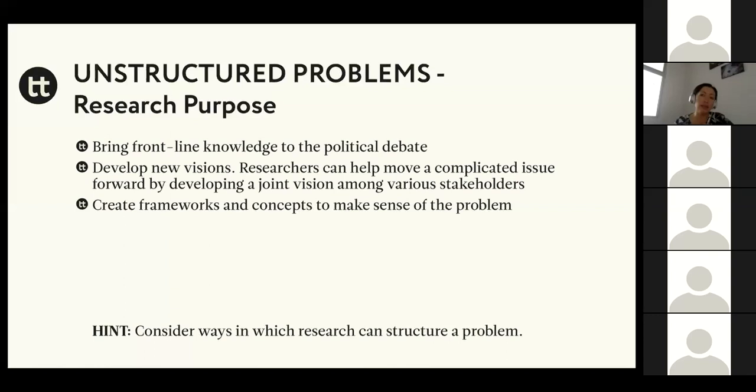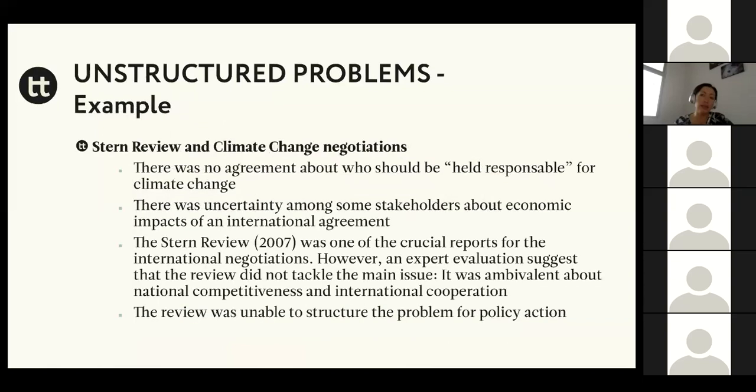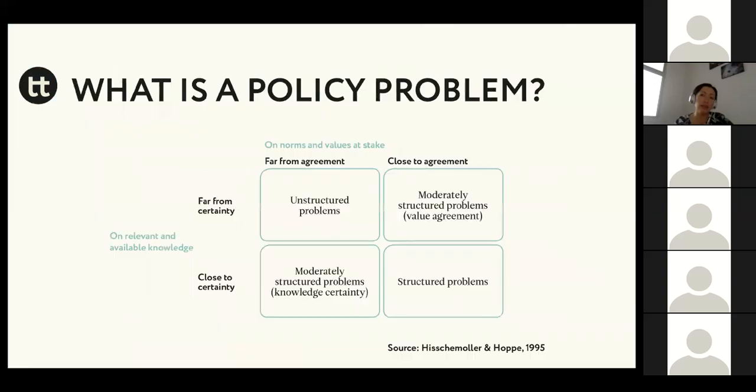So as you can see, the hint for these types of problems is that what we're really trying to do is to somehow structure the problem so that we're closer to a solution. So going back to our graph here, what we're trying to do is pass from being an unstructured problem towards being a structured problem.